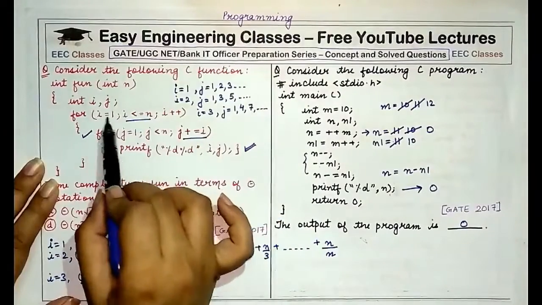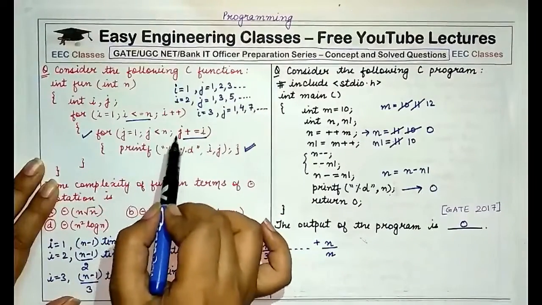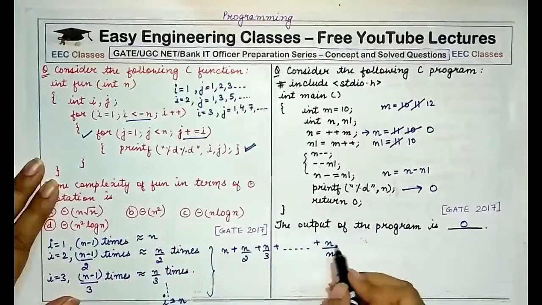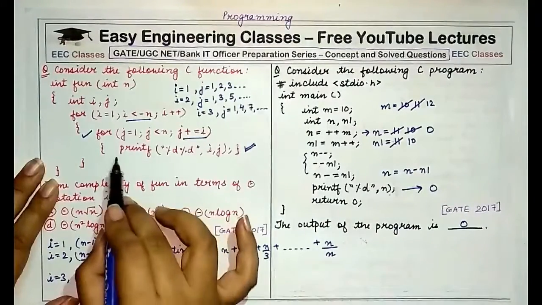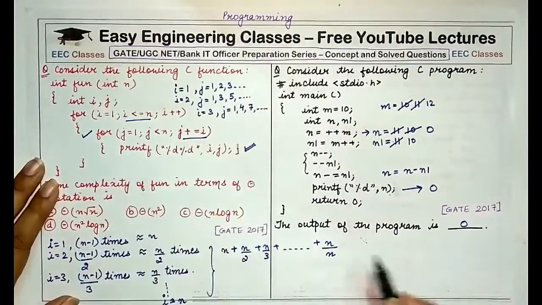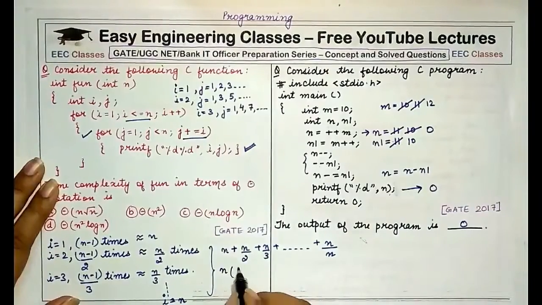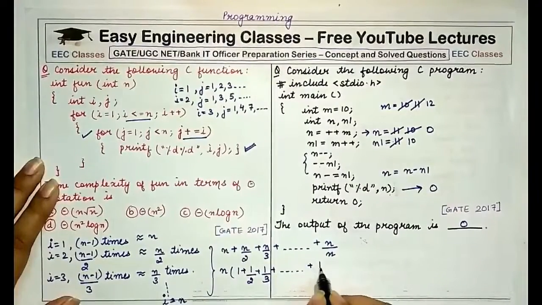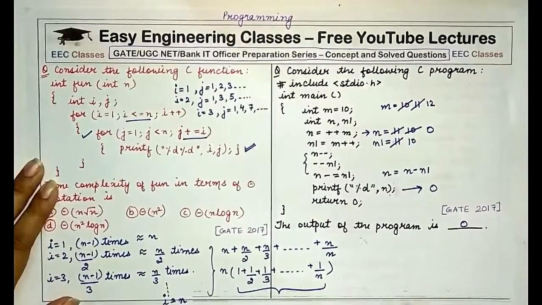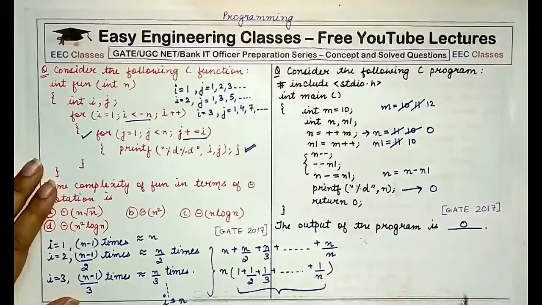That means when the value of i is equal to n, then j would jump by n in each iteration of the inner loop. If we take n as common, the sequence that is formed comes out to be like this. And you can say that this series is approximately equal to log n.